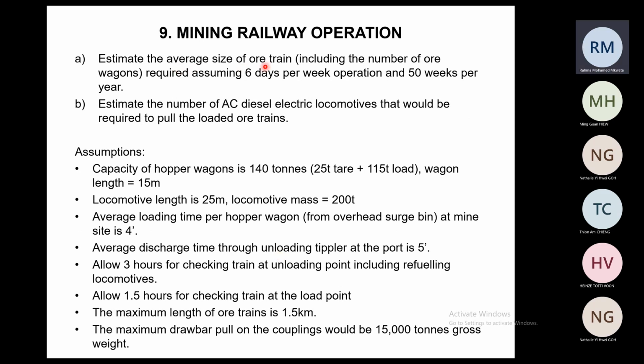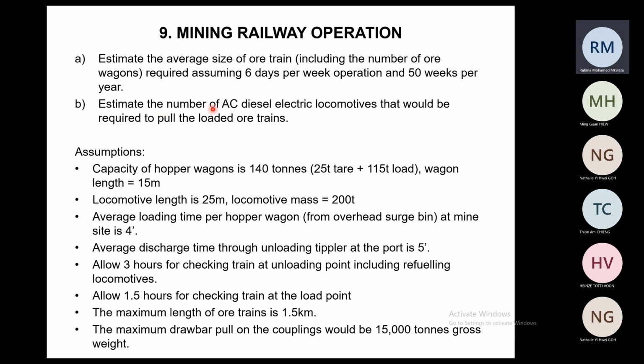A. Estimate the average size of the ore train, including the number of ore wagons required, assuming 6 days per week operation and 50 weeks per year. So you don't work every day, you only work 6 days per week and 50 weeks per year only, okay?